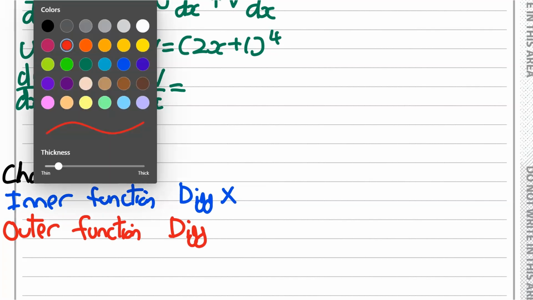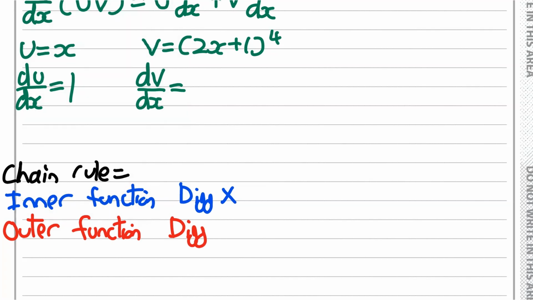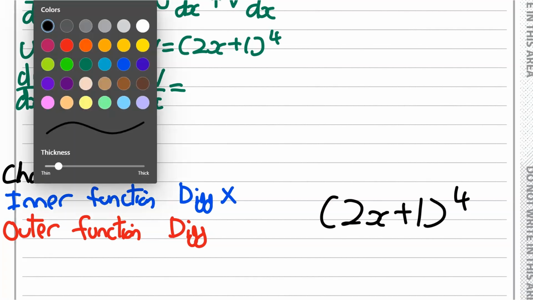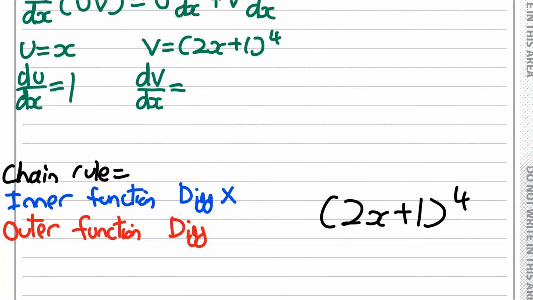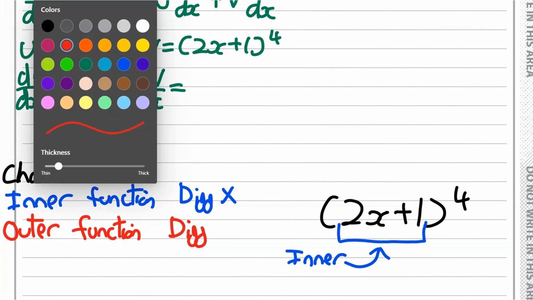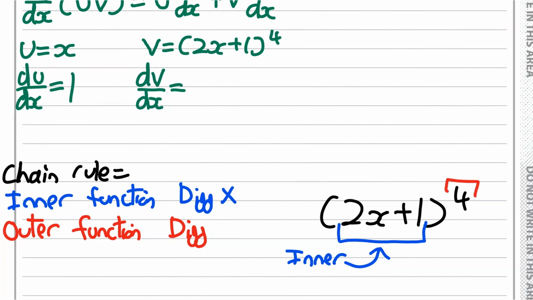So let's take the 2x plus 1 to the power of 4 as an example. The inner function is the function inside the bracket, so this 2x plus 1 is the inner function, and the outer function is this power of 4 here.